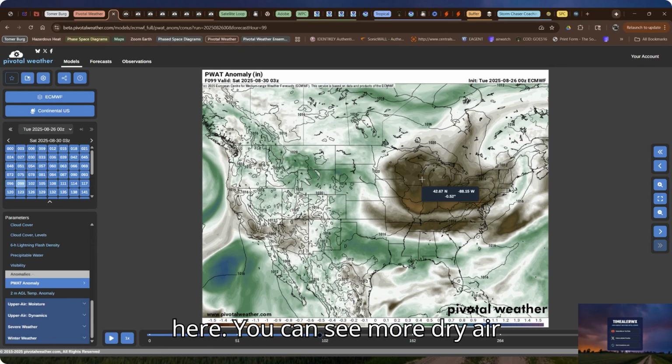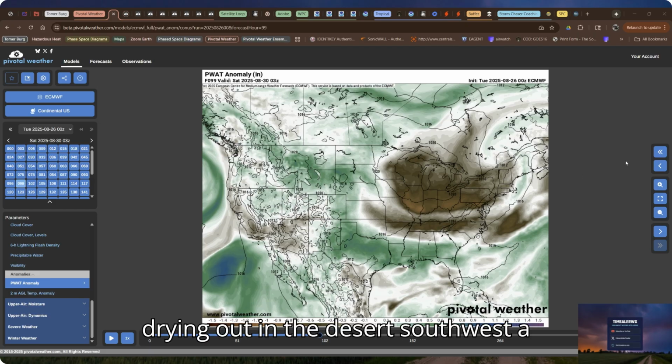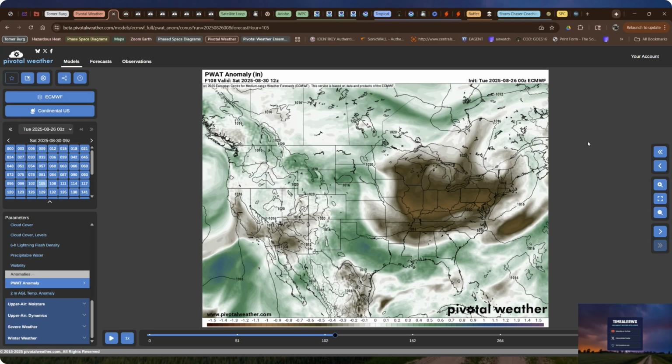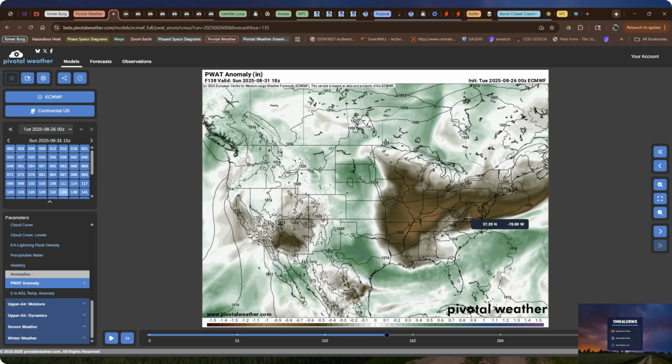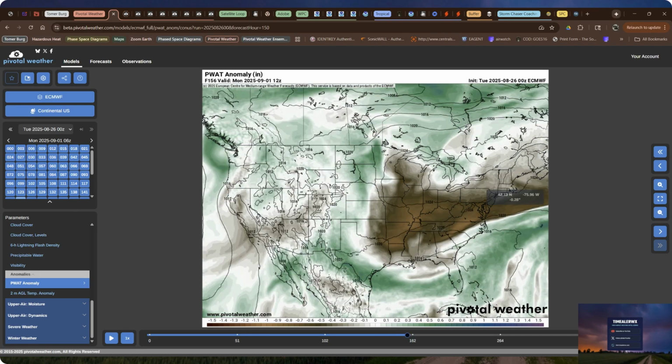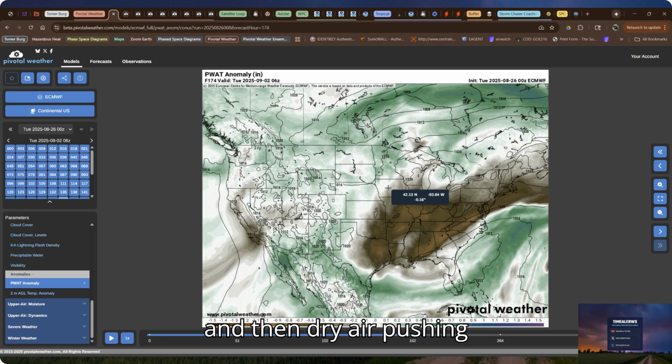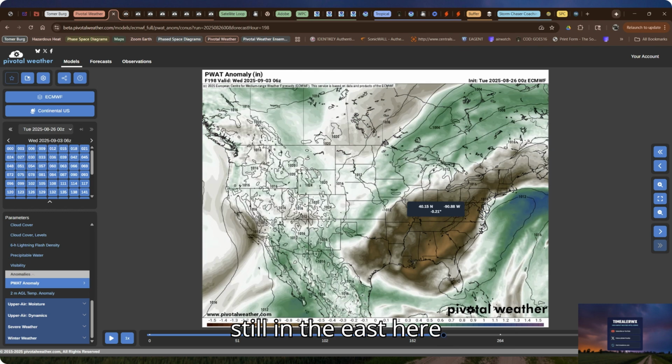You can see more dry air moving down this way, drying out the desert southwest a little bit further in the period. And then dry air still pushing in the east here.